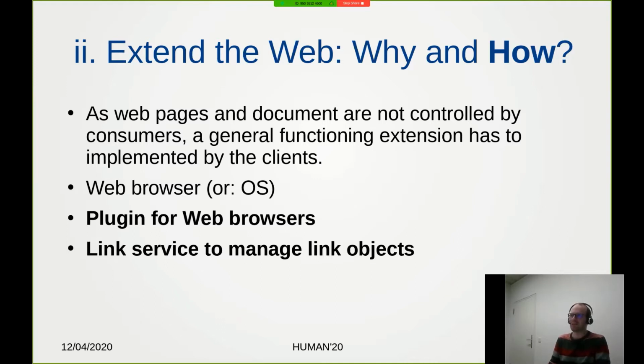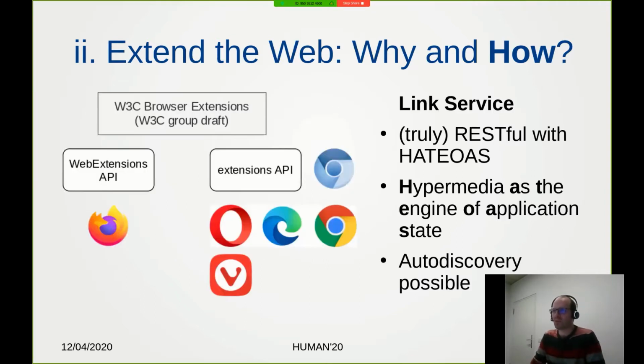They remove content and we will add content, namely links. And of course, we need a link service, which is a server component that basically manages link objects, because they are not embedded in the web page, so they have to be somewhere else, and they are in the link service, so to speak.